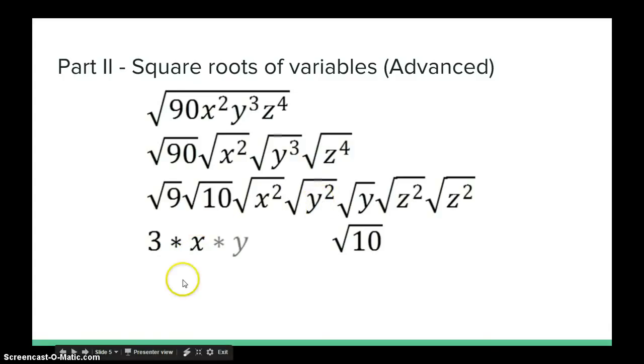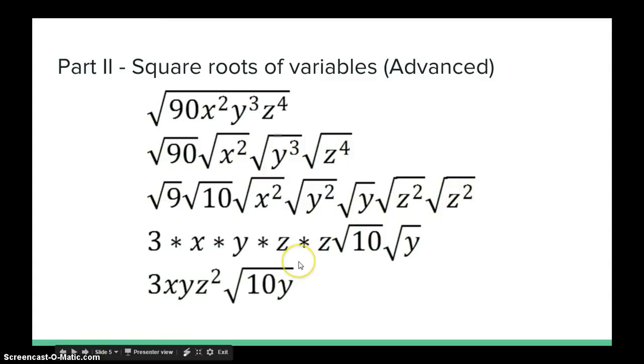The square root of y squared becomes y, and that leaves me with the square root of y there. And then each of my square roots of z squared become z and z again. Ultimately, I take all this, 3 times x times y times z times z, that simplifies to 3xyz squared, and it's z squared because I got 2 z's. And then 10 times y is 10y, those go under the same radical, and just like that, I've got my solution.